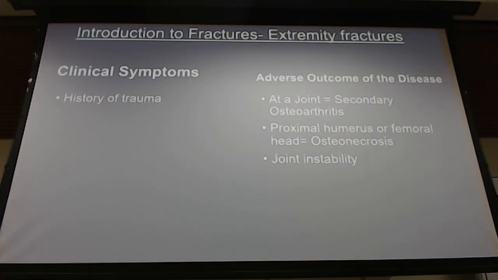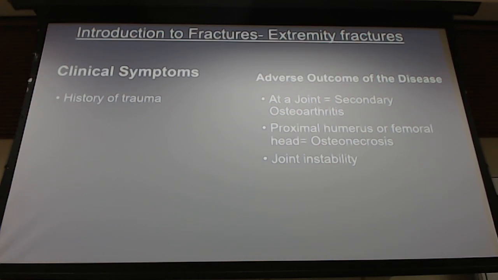Okay, let's talk fractures of the extremity. Most of these have a history of trauma. Extremity fractures don't just happen. There has to be a force on the bone that is greater than what the bone can sustain, and therefore you've got a disruption of the cortical integrity of the bone.